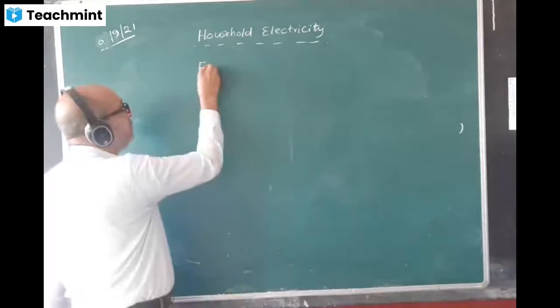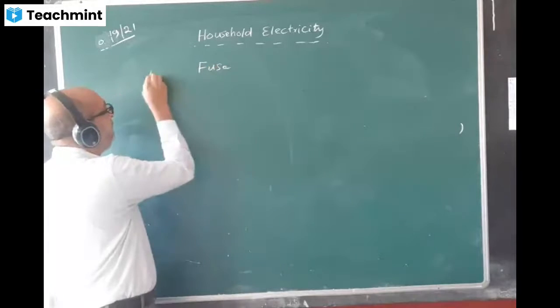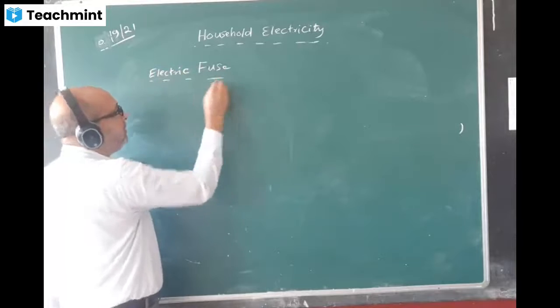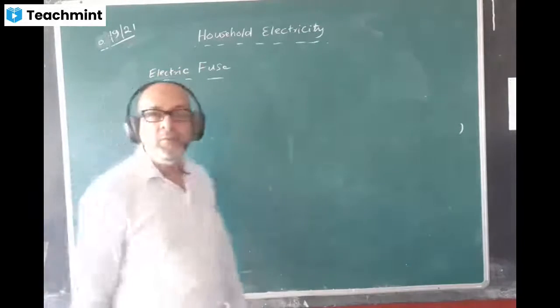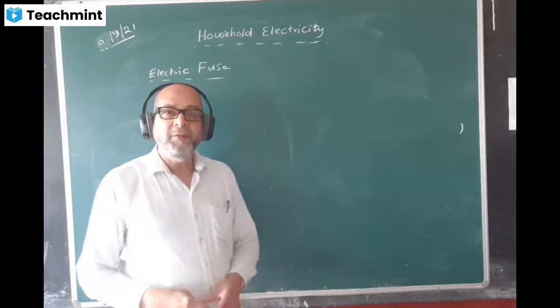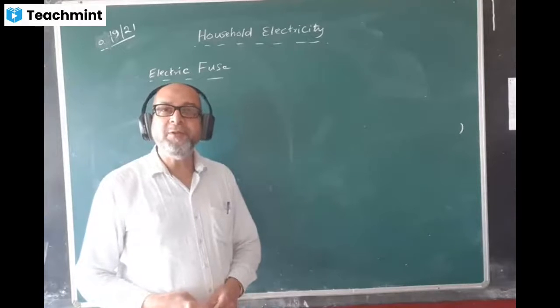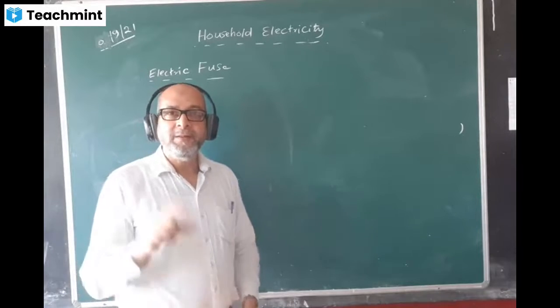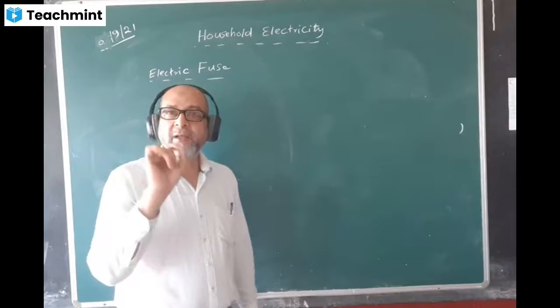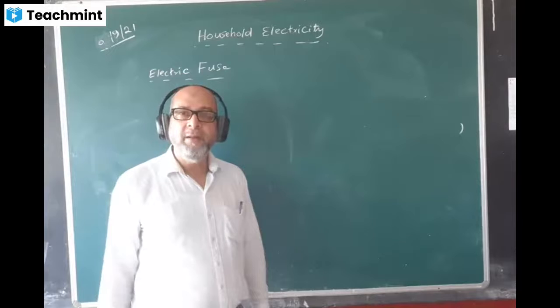First topic is fuse, or you can call it electric fuse. I think you all know at home you use fuse, no? Have you seen fuse there, which you use at home? Yes, sir. Inside the fuse there is a thin wire, that is called fuse wire.